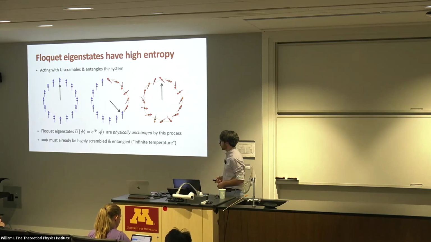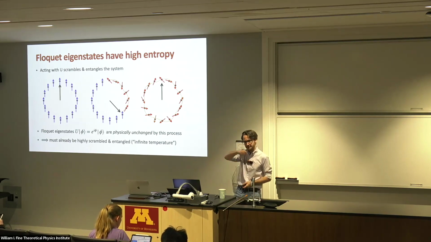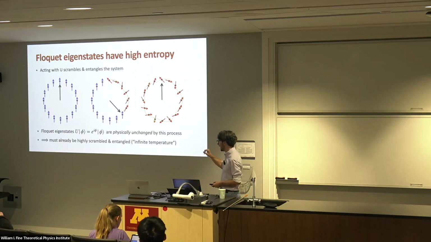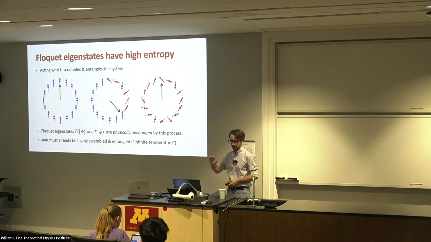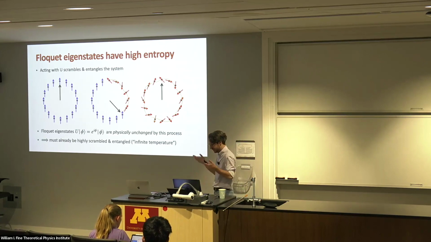Okay, so the question of a Floquet eigenstate is the question of a state that is physically unchanged under this process. A state that doesn't change when you stir it that way, and it's easy to convince yourself that that means this Floquet eigenstate must be already highly scrambled and highly entangled to begin with. So doing this doesn't add any more entropy because we are already maxed out.